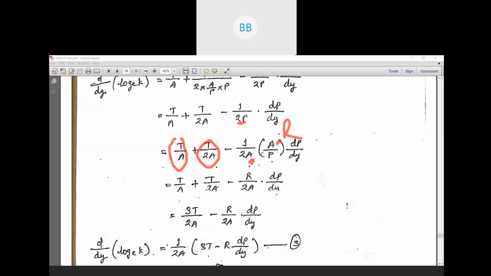So it will be R by twice A. Definitely, if we add these two, we will get 3T by twice A minus R by twice A dP by dy.